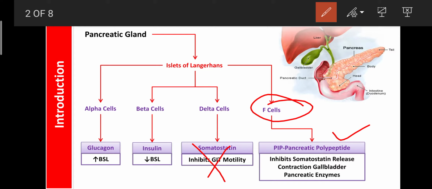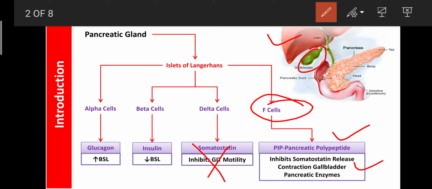On another side, the same PP can cause the contraction of the gallbladder. The gallbladder is another organ present in our body. It can secrete bile. That bile is synthesized in the liver and stored in the gallbladder. When food enters the duodenum from the stomach, the F cells secrete the pancreatic polypeptide. This pancreatic polypeptide causes contraction of the gallbladder.